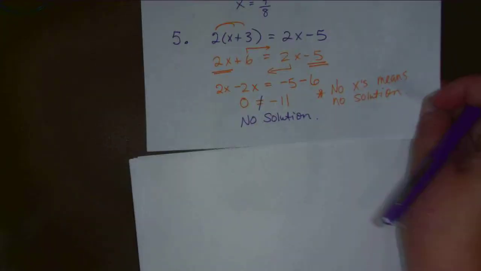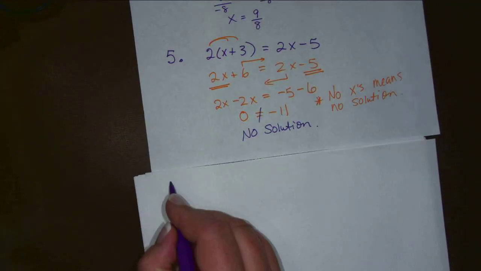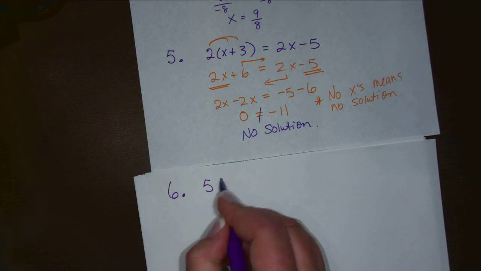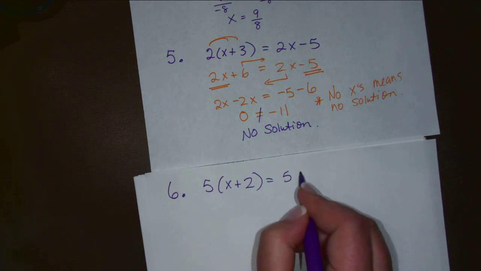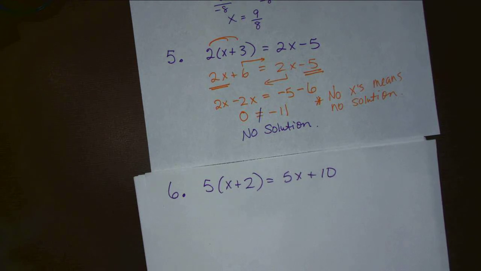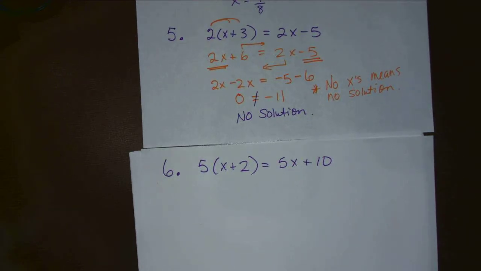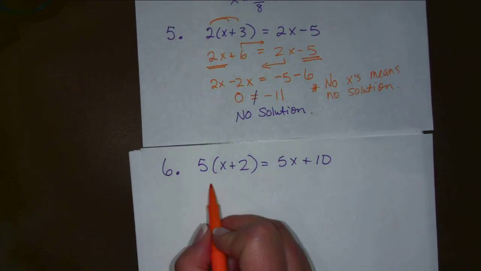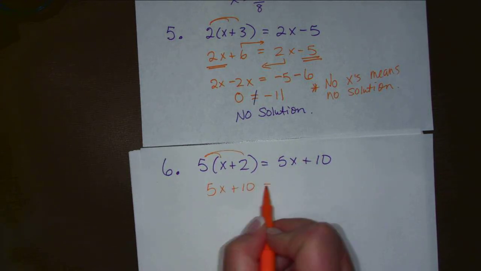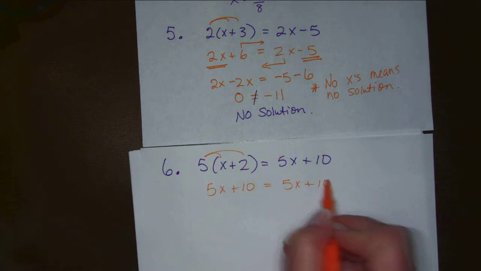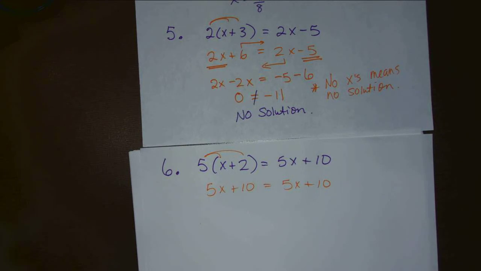6. So this is similar to the last one. So when I expand that bracket, I get a similar equation, except this time it does work. 5x plus 10 does equal 5x plus 10.